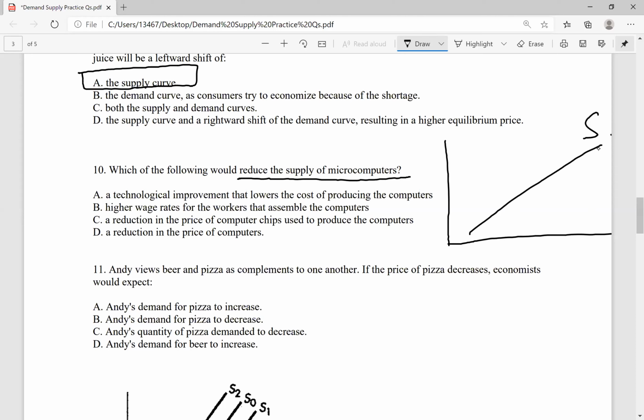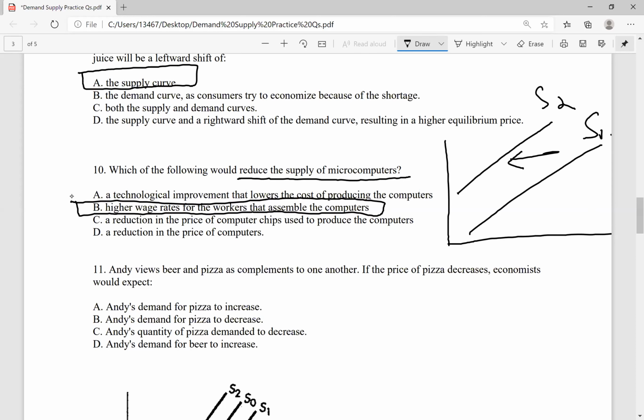That means, why will the supply curve shift to the left? My answer will be higher wages, because if the cost of production goes up, the supply curve always shifts to the left. Over here, higher wages means higher cost of production.